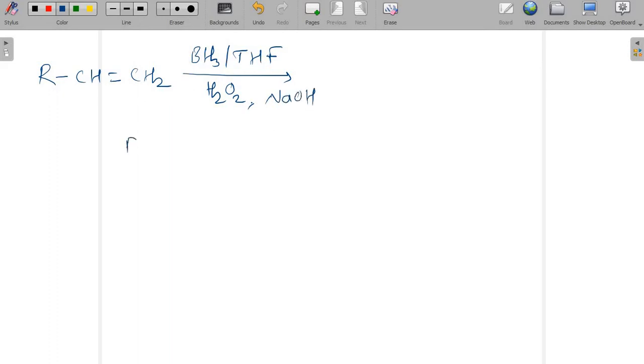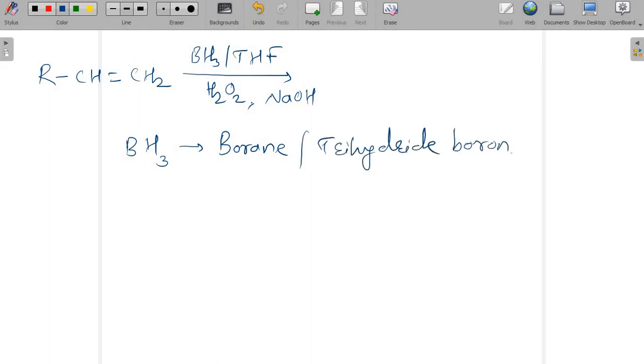BH3 is nothing but trihydride boron, also called borane. As you know, hydride means hydrogen containing a negative charge. This boron hydride is in dimer state, so this is B2H6, which is called diborane.